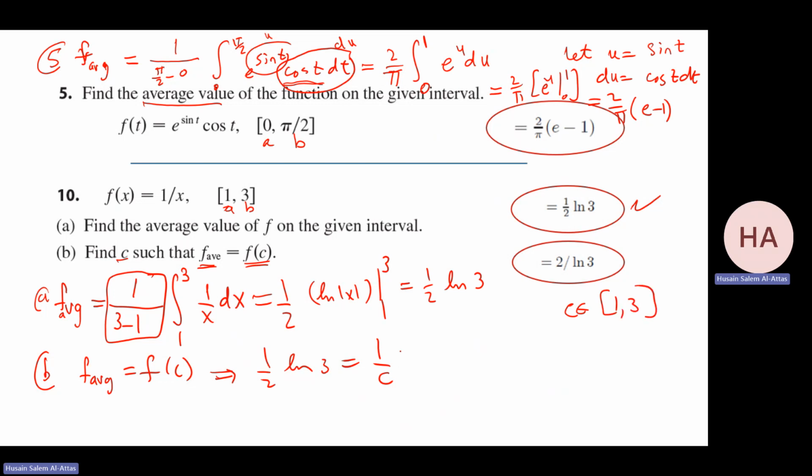That gives me c will be 2 over ln 3. Ln 3 is what? ln e is 1, so ln 3 is 1 and something. So it's 2 over 1 plus something, that will be something between 1 and 3. So this belongs to the interval. So this is my c.